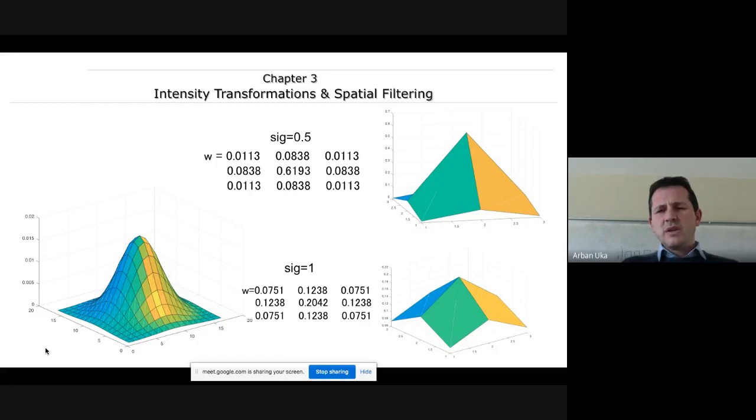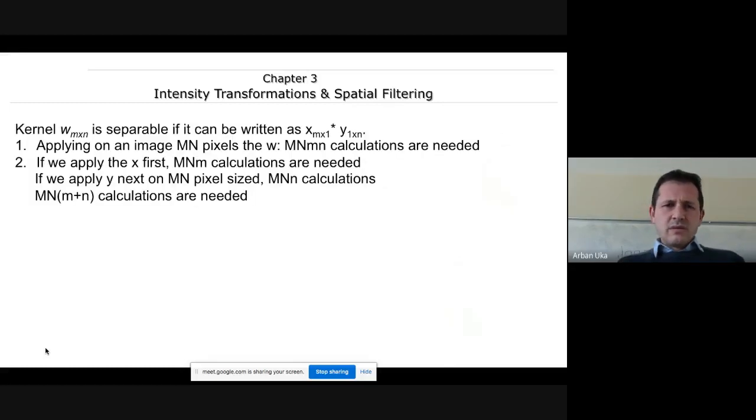If the matrix is 3 by 3, it looks like these two, if the sigma is 0.5 and 1. If the sigma is 1, when we plot it, it's really discrete, a little wider.